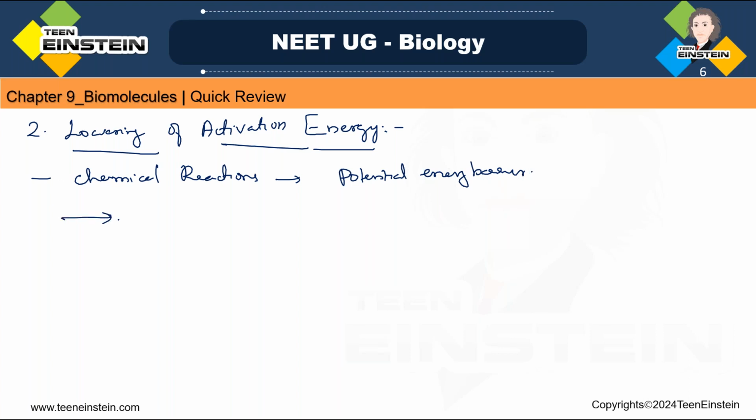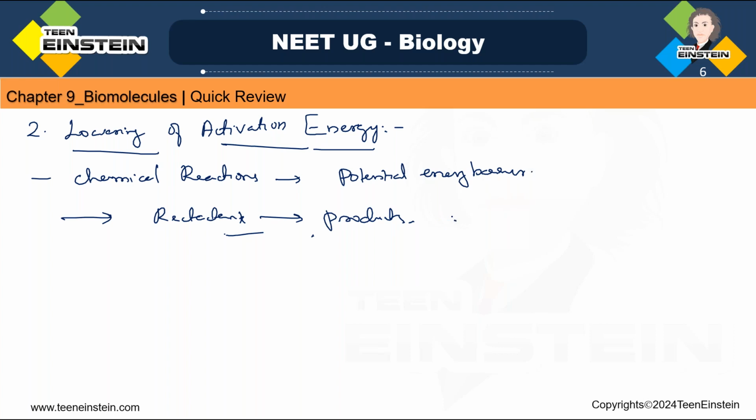If the reactants overcome this potential barrier, they will get converted into products, right? So there should be an energy required to break this barrier, that is equivalent to the activation energy.